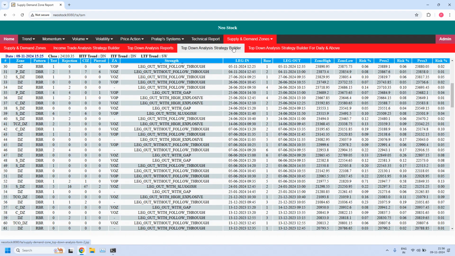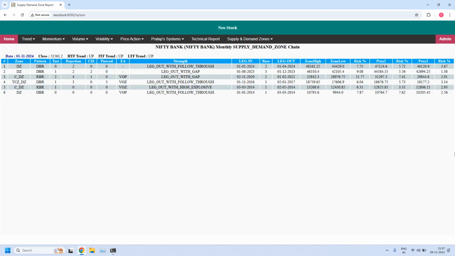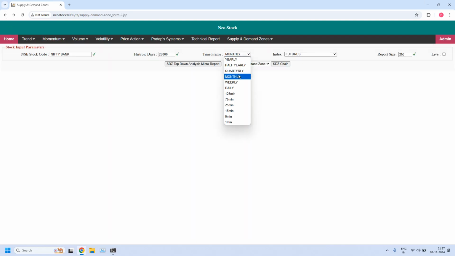Next, I will generate a BANKNIFTY supply demand zone chain. That is nothing but Nifty Bank. Let me start with monthly time frame. Generating monthly supply demand zone chain. Next, weekly supply demand zone chain.